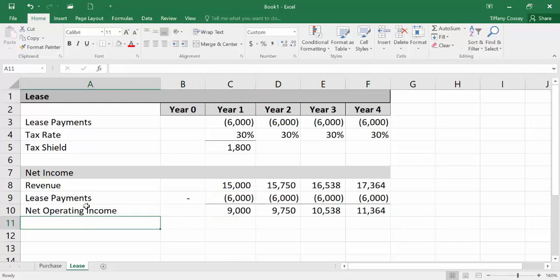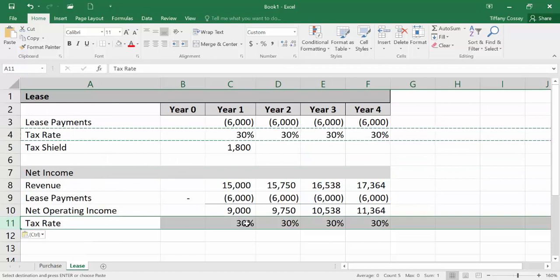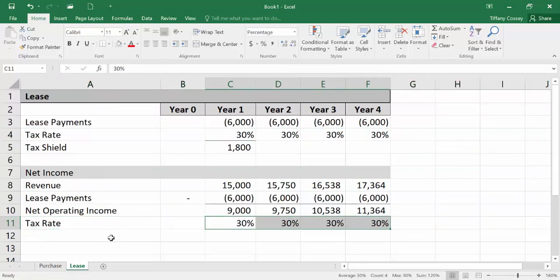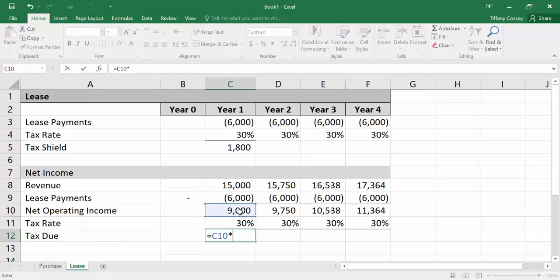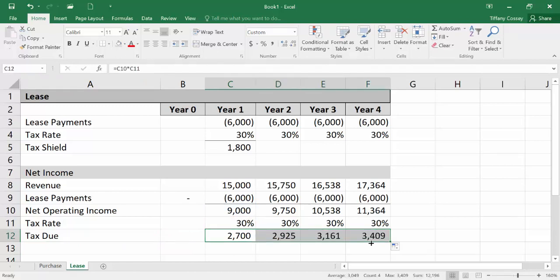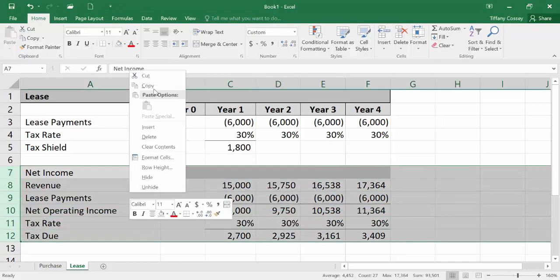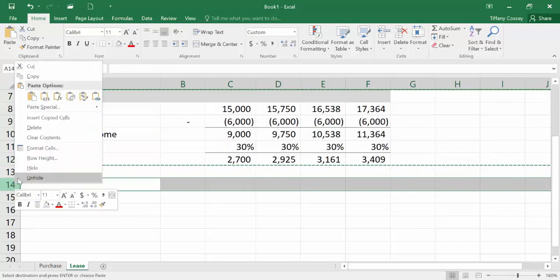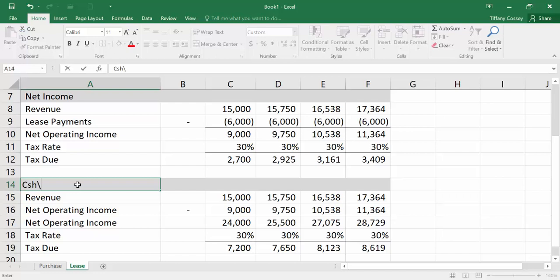Then our tax rate is 30%. And our tax due on that net income will be the net operating income times the tax rate. And we had to do all of that to get to the tax that we were going to pay in cash. And now we come down here and we take a look at the cash flows.